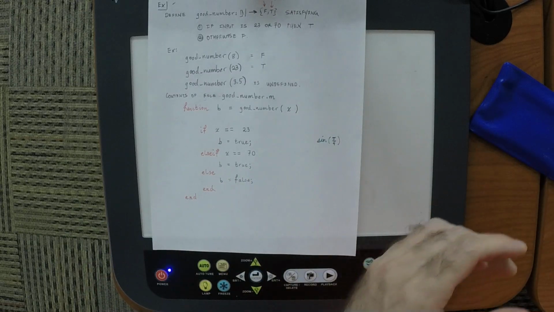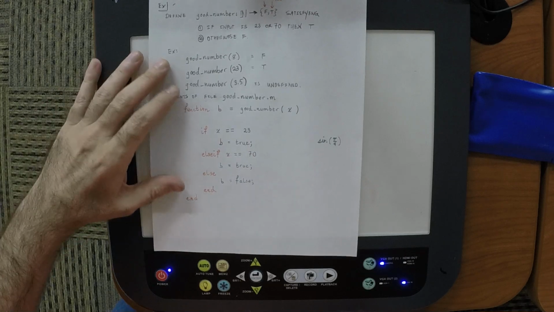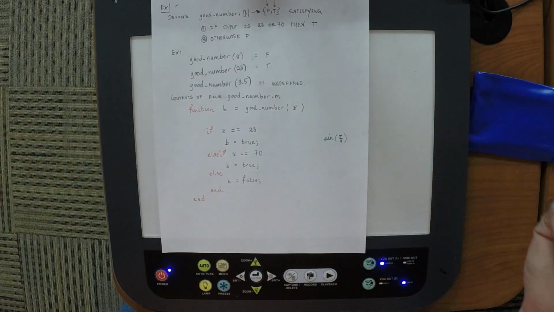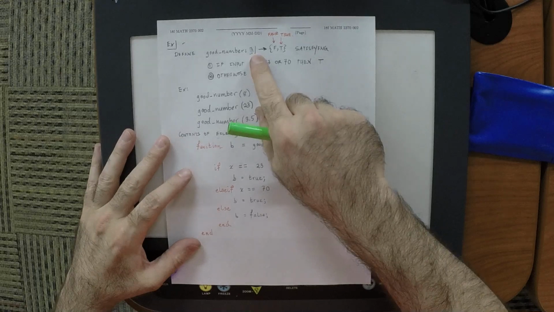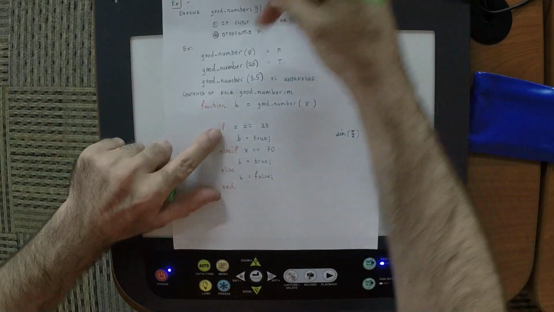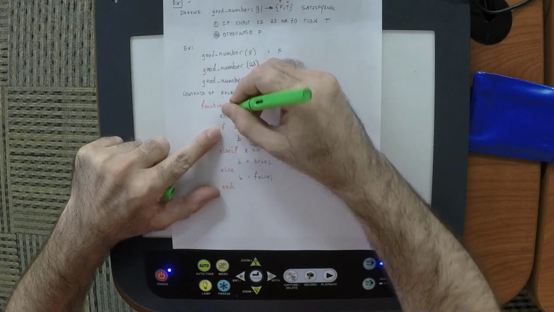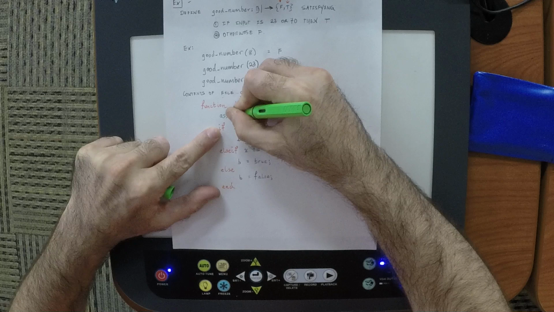The way you do that is one of the new things we're learning today. This thing we're about to write is how you encode things like domain into a function. This new thing is called assert.